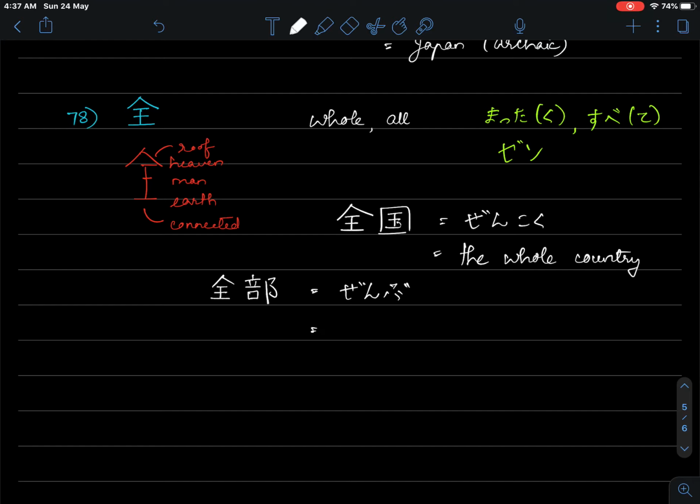Zenbu. Now if you remember, the second kanji means sections. We did this kanji in the previous session, right? It meant sections, divisions, departments. So now you're talking about all departments or all sections, which again means the whole, or wholly.